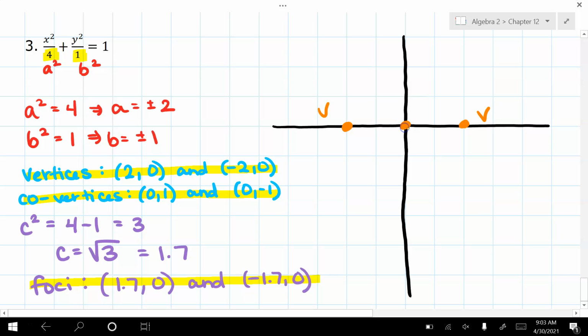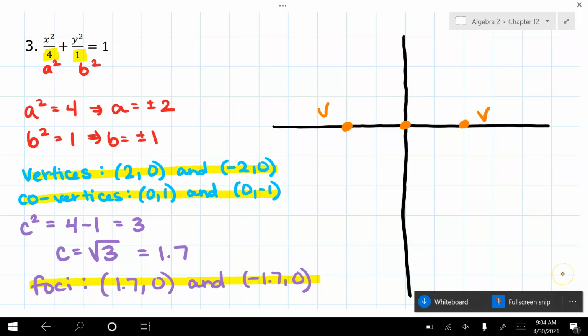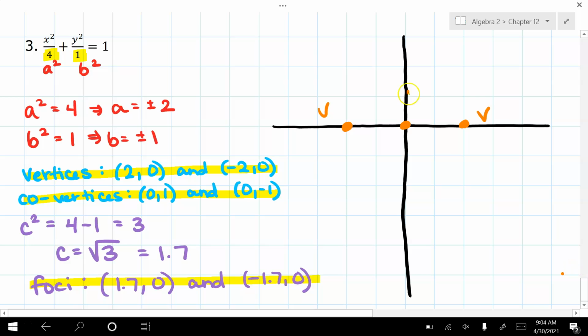Again, center is at 0, 0. Co-vertices are at 0, 1, and then 0, negative 1. So we should be able to sketch in our ellipse here.